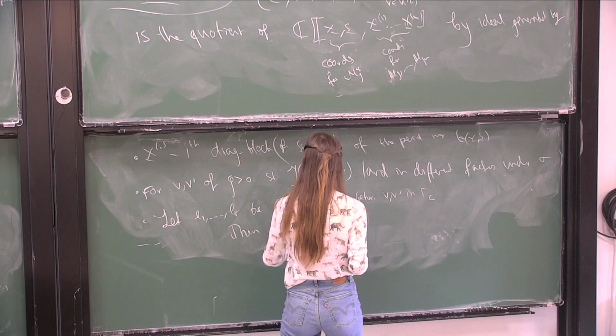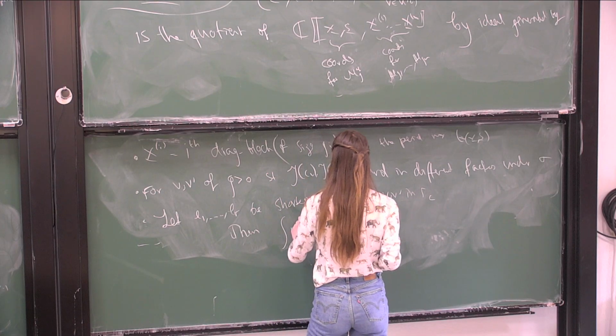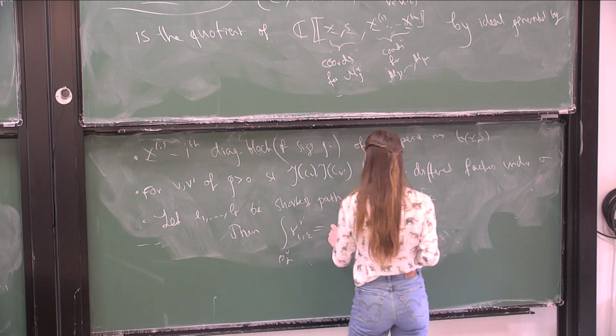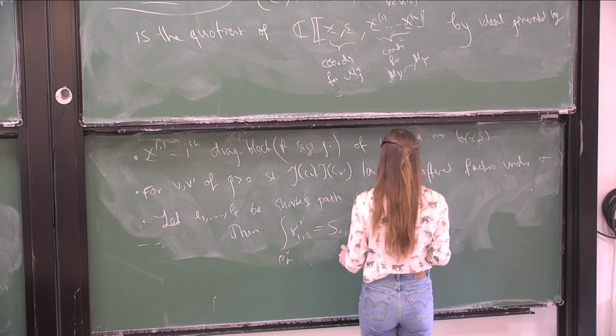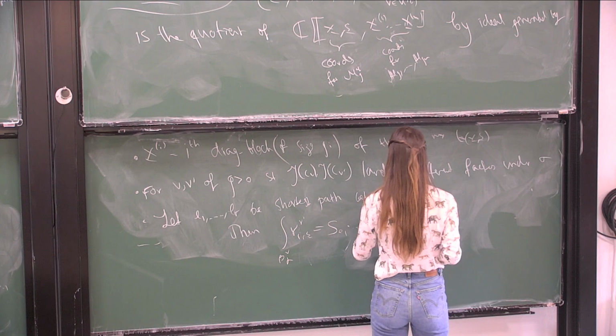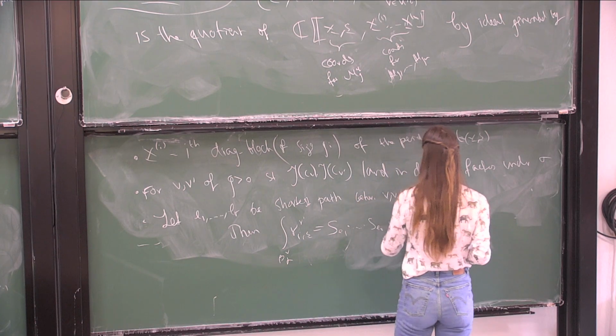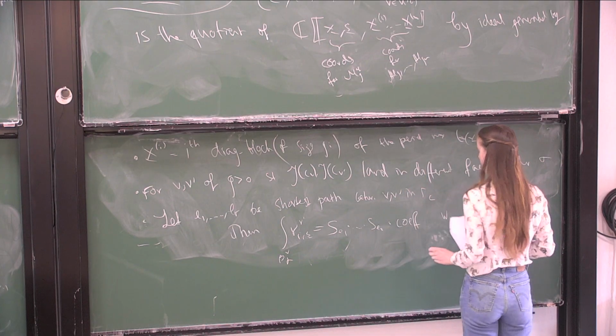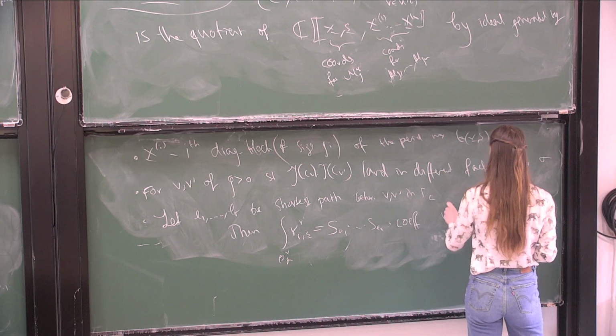Then the integral of this differential of V prime over a cycle of V will be divisible by the product s_{E_1} up to s_{E_R} times some coefficient. And this coefficient is a unit in some cases.